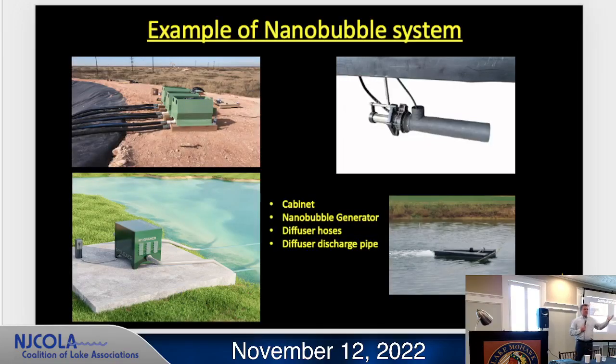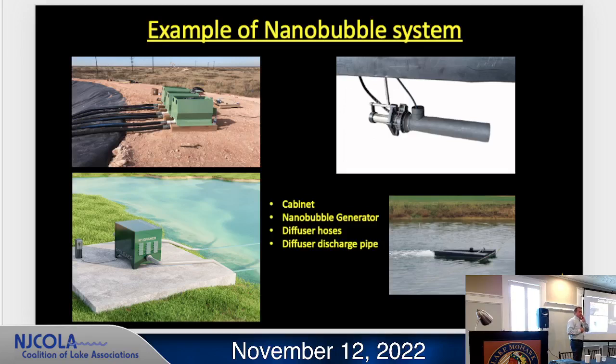So people look at this, they see the diffuser systems, and they're like, oh, what about nanobubbles? This is now a new technology in our industry. Has anybody heard about nanobubbles? Yeah? Okay, so really new, though not that new in the industrial environment.